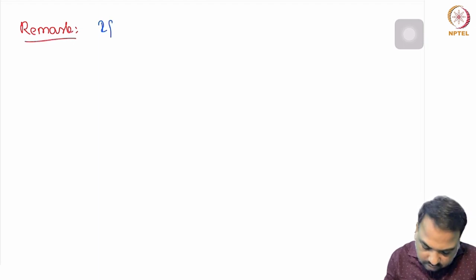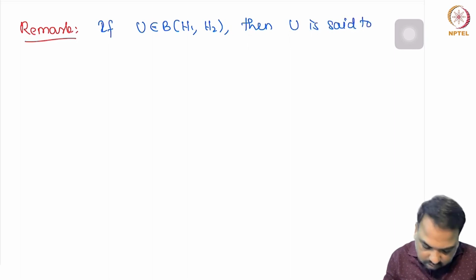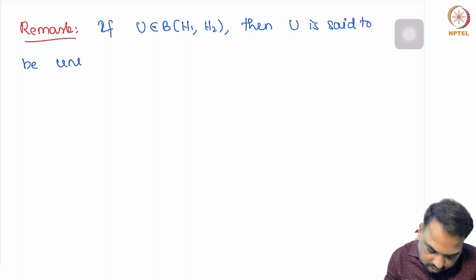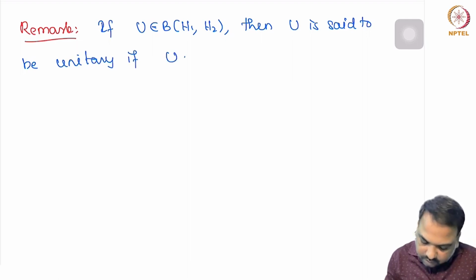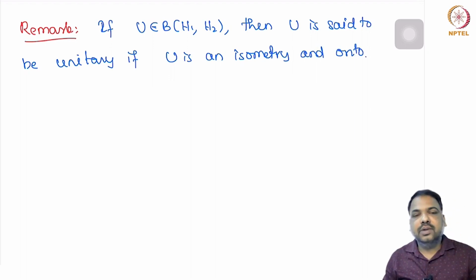If U is a bounded operator from H1 into H2, then U is said to be unitary if U is an isometry and onto. We can define a unitary map between two different spaces in this way.